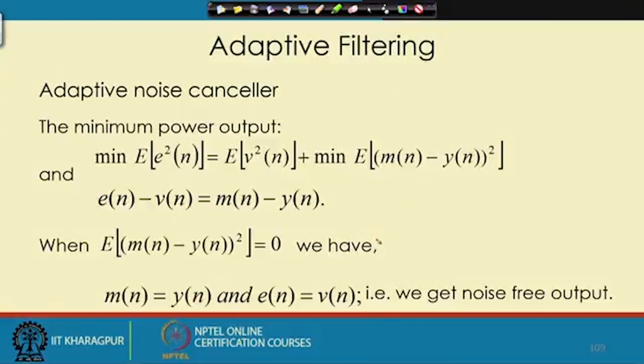As a result, because there is no error in the estimation of that noise, whatever output we are getting from the adaptive filter, En, becomes Vn, the signal of interest. In other words, in this scenario, we are able to get the noise free signal. So, that is actually the goal of our adaptive filter.